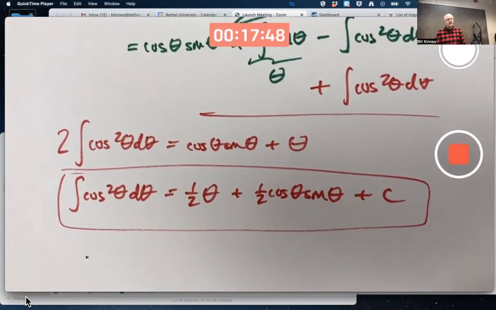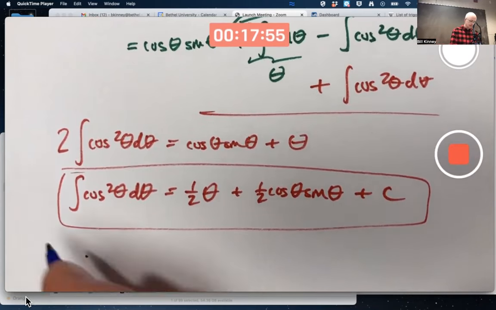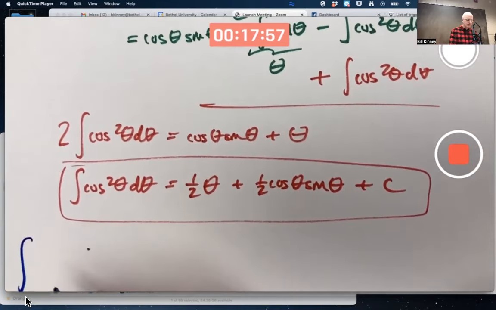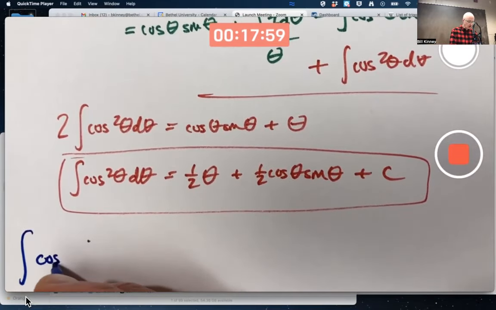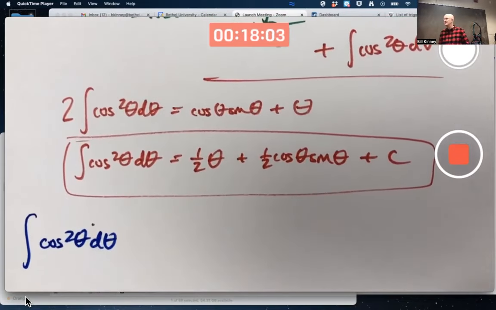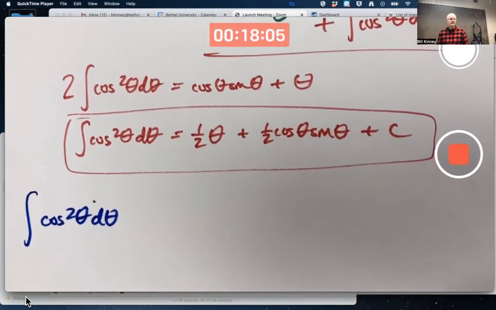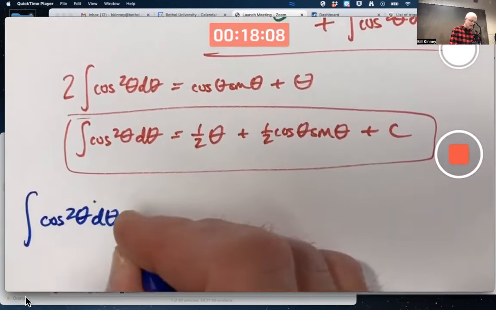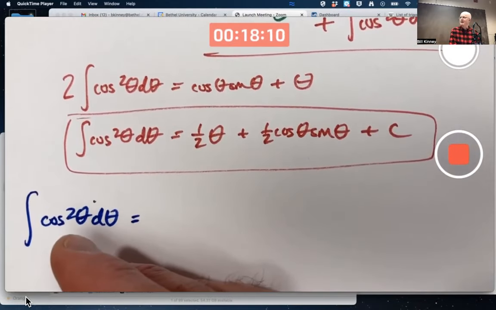But that's not the only way to do the integral. I'm going to show you another way that uses a trigonometric identity right from the start. And I highly recommend doing it this way in the future, including if you take multivariable calculus. Well, do I replace this with 1 minus sine squared theta?